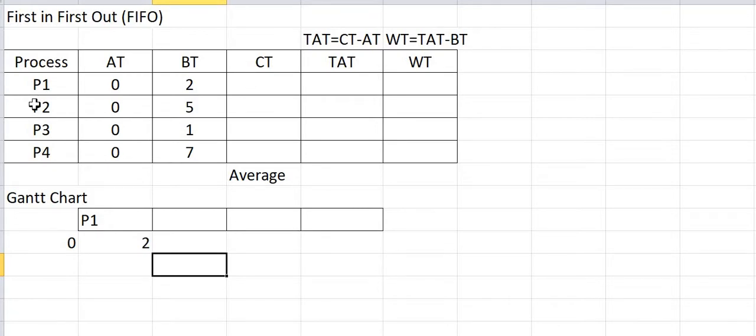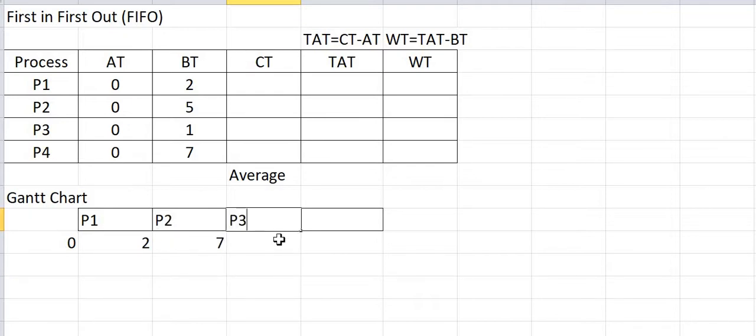Now the second process takes 5 milliseconds. So P2 starts at 2 and its burst time is 5. So 2 plus 5, it completes its execution by the 7th millisecond.